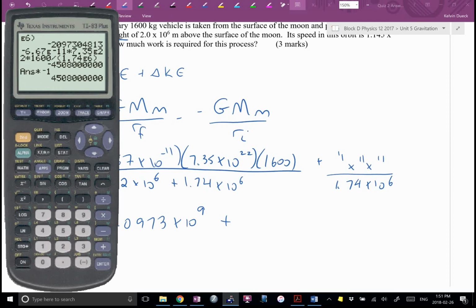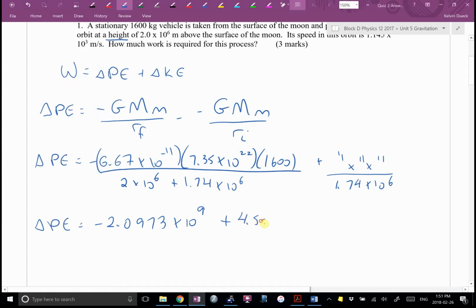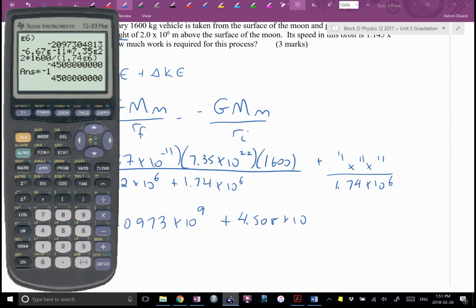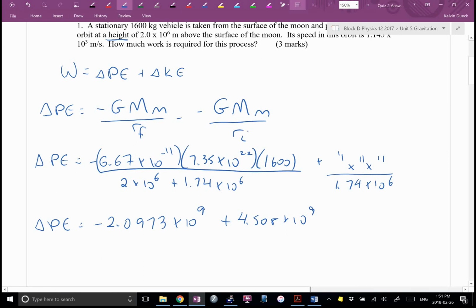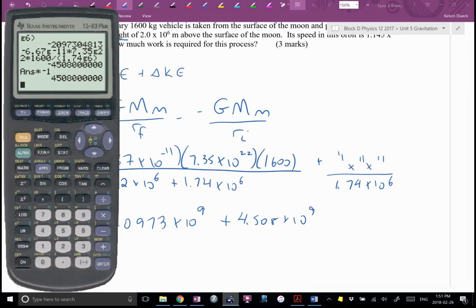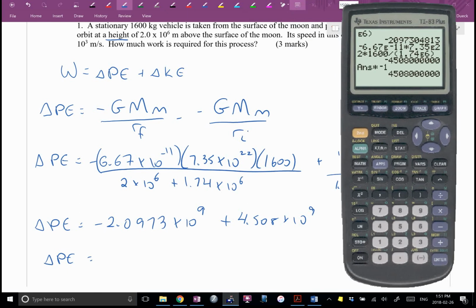4.508 times 10 to the 9th. And I get a change in potential energy of that number, take away 2.0973 times 10 to the 9th.